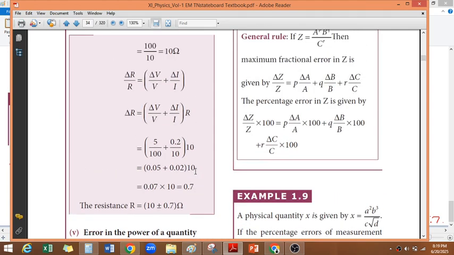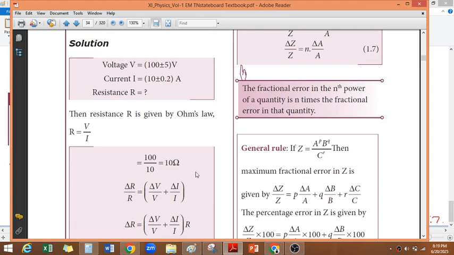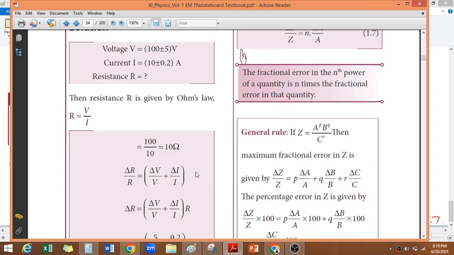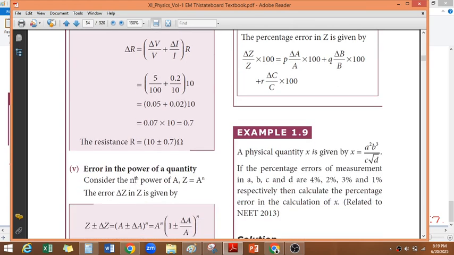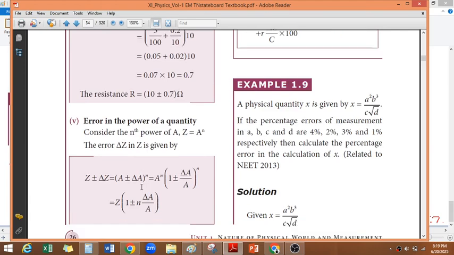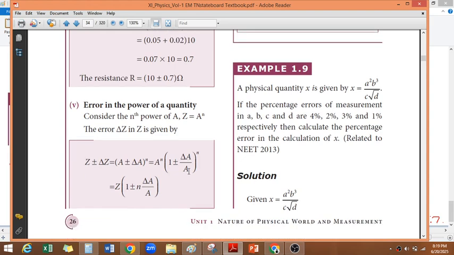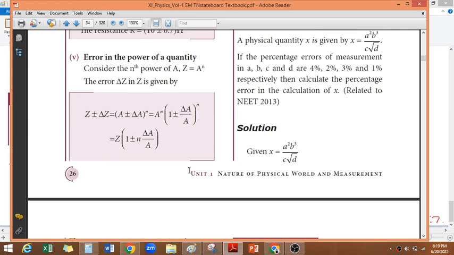Okay, so we saw addition, subtraction, multiplication, division. Now we have error in power of a quantity. So what happens if you have something in the power? So the derivation is very simple. So take the a commonly out.